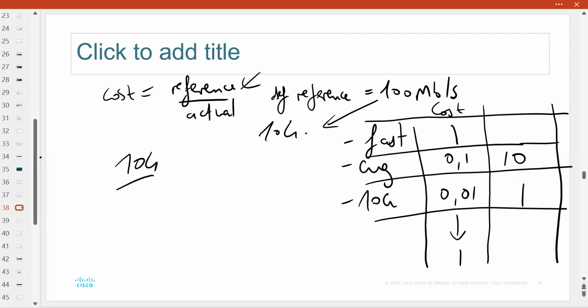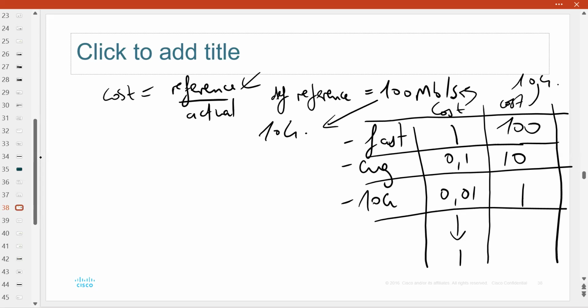Then for 100 megabytes, fast Ethernet, that is 0.1 gig, which is 100 here. So the cost changes. This is the cost for reference 100, then we have another cost for reference 10 gig. So here we've manipulated the value of the reference bandwidth so that we can get integer values for our cost.